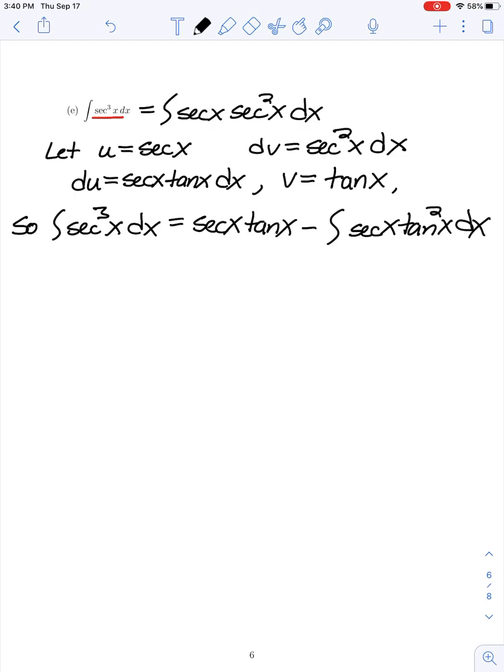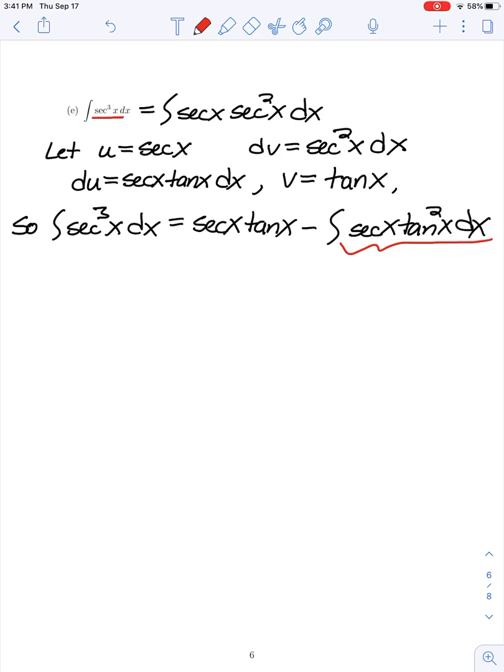So after we've applied our integration by parts formula, we're left with a new integral that involves an even power of tangent and an odd power of secant, which is still an integral in that third case that we had discussed previously.